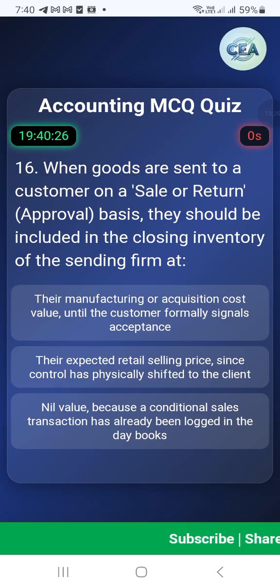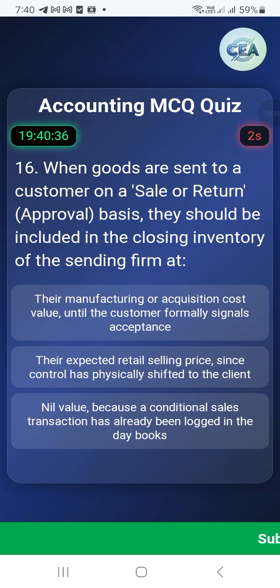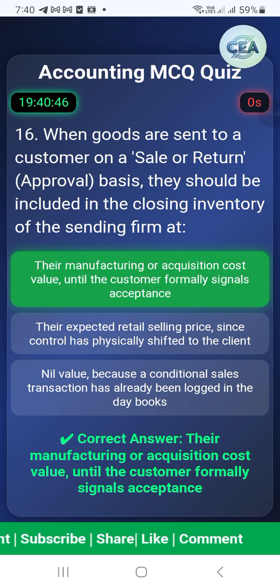Option 3. Nil value, because a conditional sales transaction has already been logged in the day books. Correct answer is their manufacturing or acquisition cost value, until the customer formally signals acceptance.